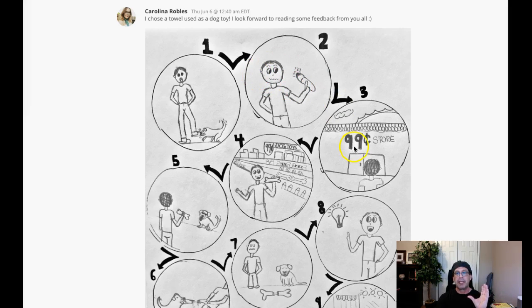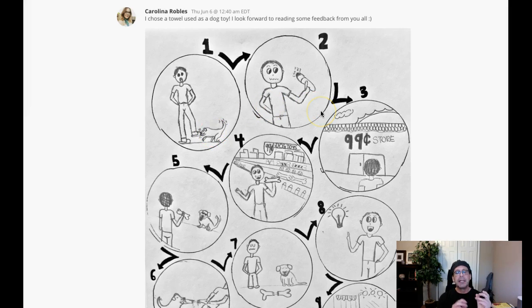So then we go to the 99-cent store. But I think the initial problem is that the dog doesn't have a toy to play with from the start. So is there a way that we can show that the dog has lost its toy and resorted to chewing on the shoe? Do you see what I'm saying?